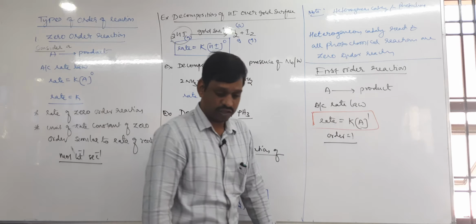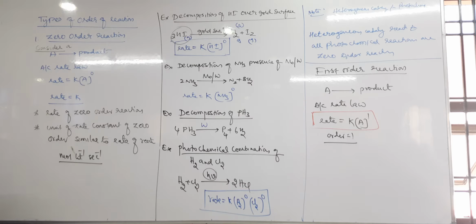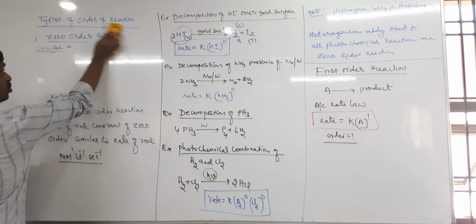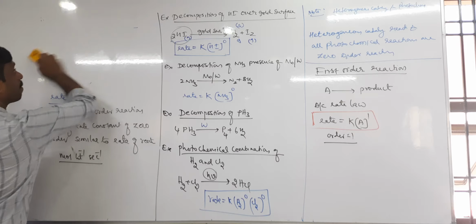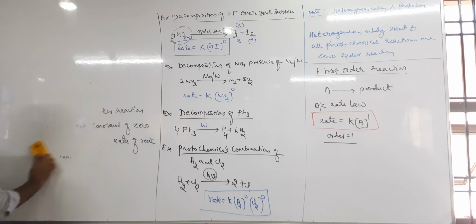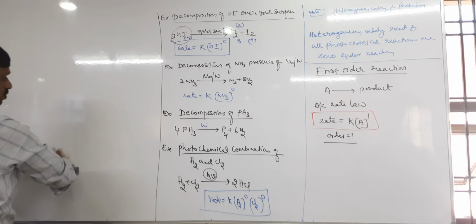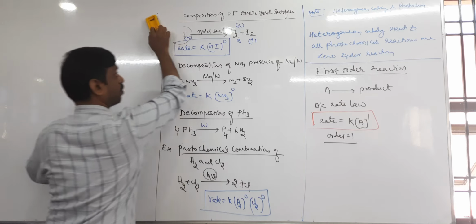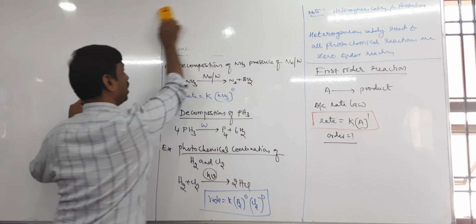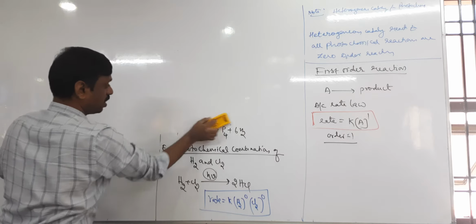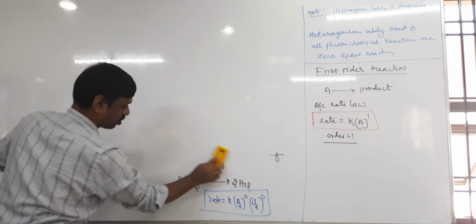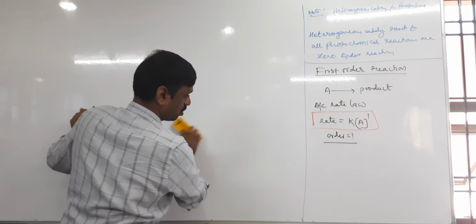Okay, take first order reaction. The reaction in which the rate of chemical reaction is directly proportional to the first power of the molar concentrations of reactant in the experimentally determined rate equation is called first order reaction.